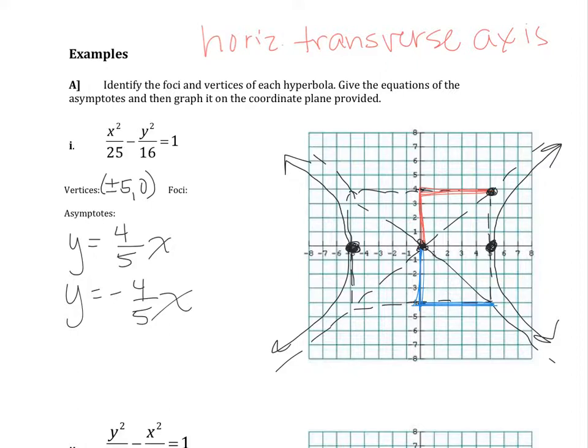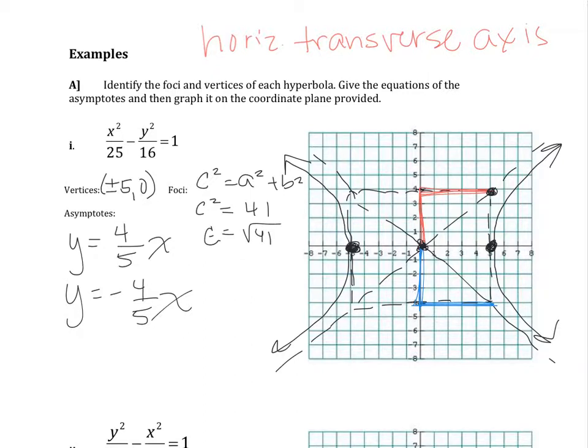And then the foci are the last thing. For the foci, we're going to use our formula, c squared equals a squared plus b squared, keeping in mind that c is the distance from the center to a focus. So c squared equals 41, so c is the square root of 41.